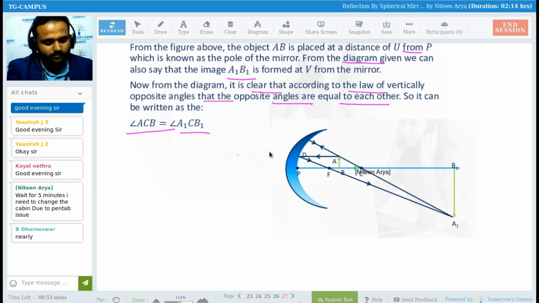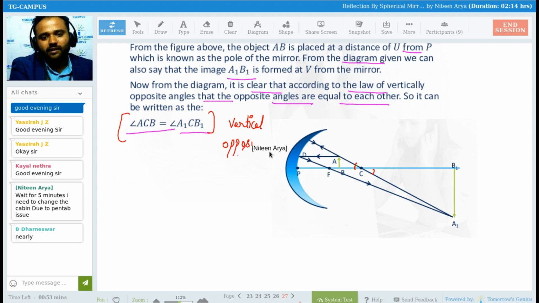This angle is equal to this angle, obviously vertically opposite angles. So angle A1CB1 is equal to ACB. Vertically opposite. Is this clear? Vertically opposite angles. And the rest of the things I already described on the previous page.